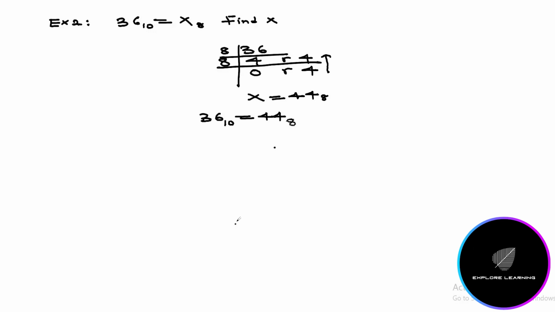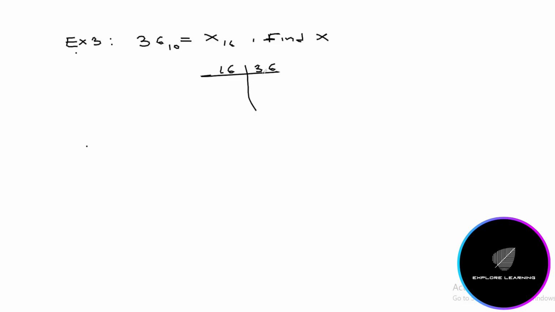Let's have the third example, where we're going to convert base 10 to base 16, which is known as the hexadecimal number system. 16 into 36, that will be 2, with a remainder of 4. So we need to repeat another step of division. We say 16 into 2, that is going to be impossible, so it's going to be 0, remainder 2.